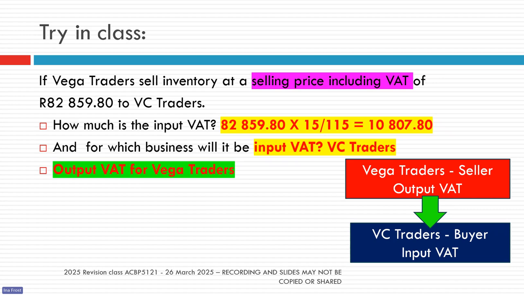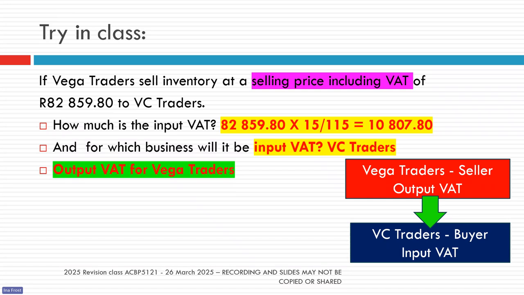For the seller of this inventory item, the amount will be their output VAT, because that would be the VAT that they have charged on their sales. And for the business purchasing the inventory, the VAT amount will become their input VAT. So remember, the output VAT from the seller automatically becomes the input VAT for the buyer.